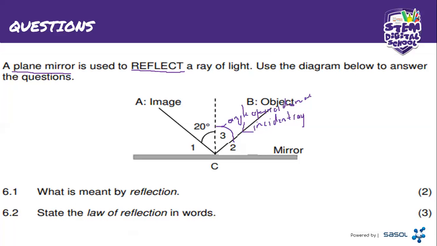It is the angle of incidence altogether. Then we know that it is being reflected altogether. When it is being reflected, we know this one represents the reflected ray.